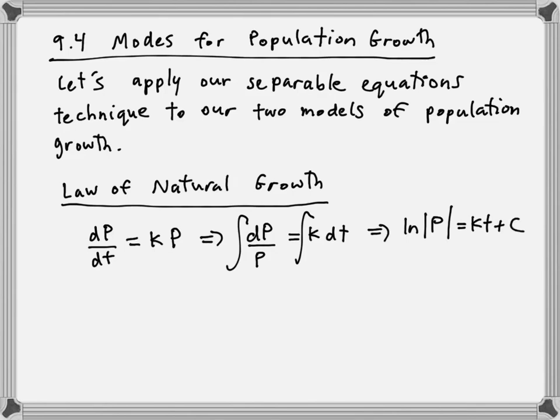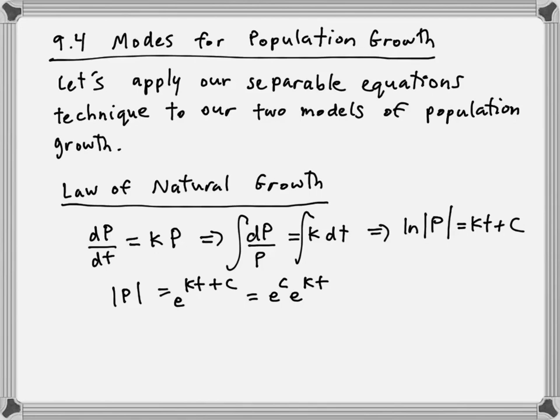Or if we raise e to the power of both sides, we get the absolute value of P is equal to e to the kt plus C. But this is just the same as e to the C, e to the kt.